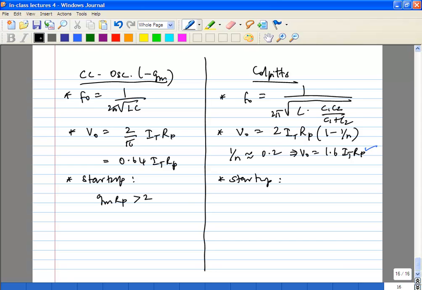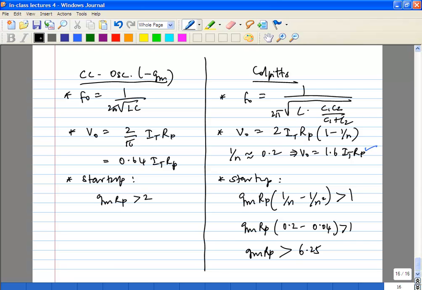You can calculate out the startup for the Colpitts oscillator also. We have not done it in class, but you can do it, okay, because you know the negative resistance at the frequency of oscillation. You can calculate it out. It happens to be GMRP greater than 6.25.